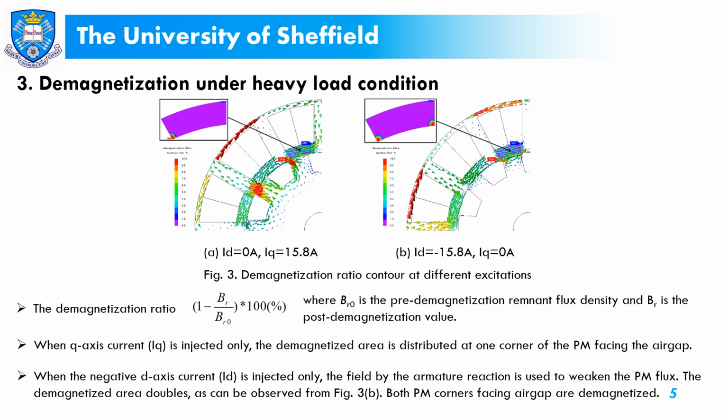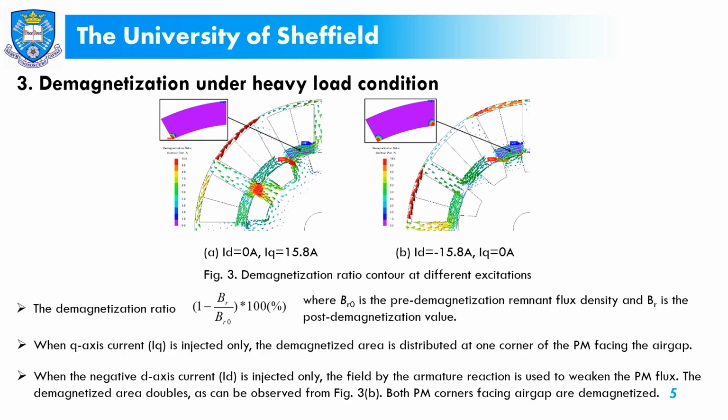When pure IQ is injected, the demagnetized area is distributed at one corner of the PM facing the air gap.